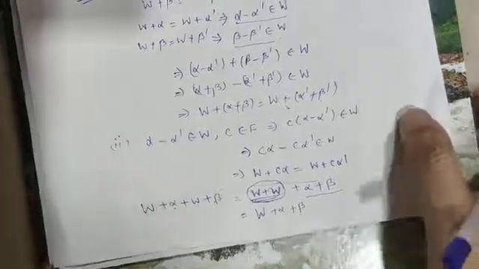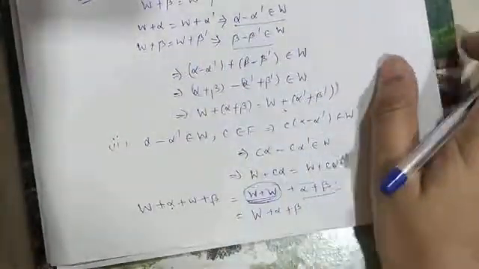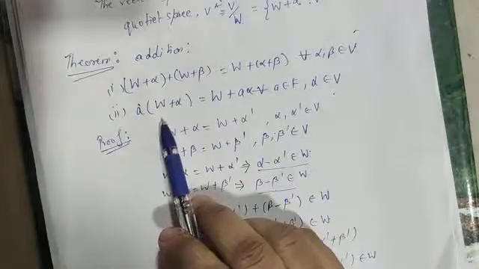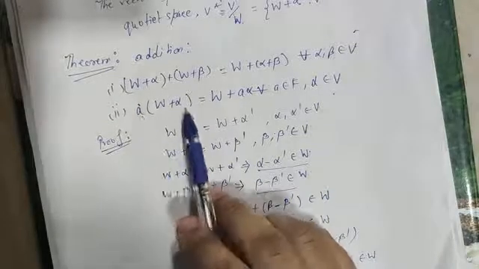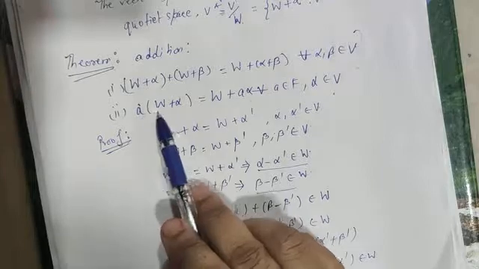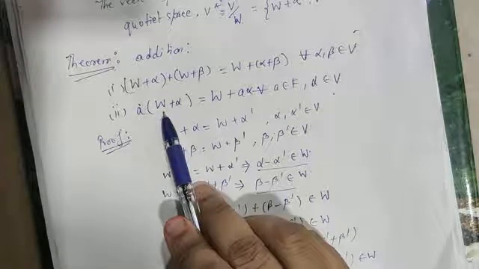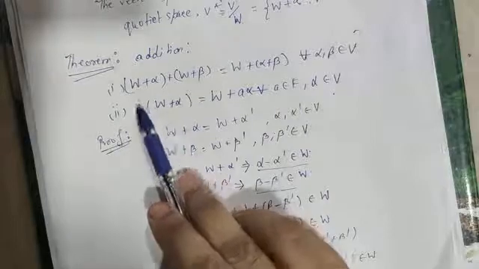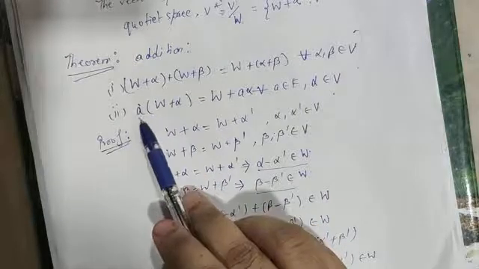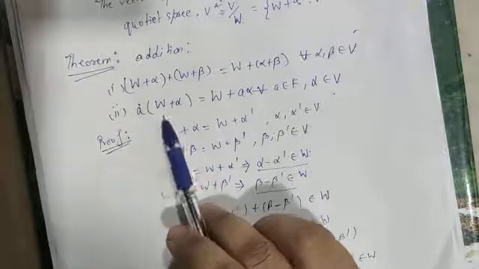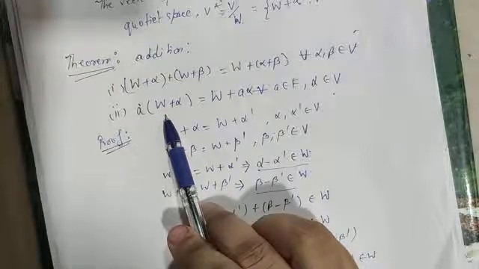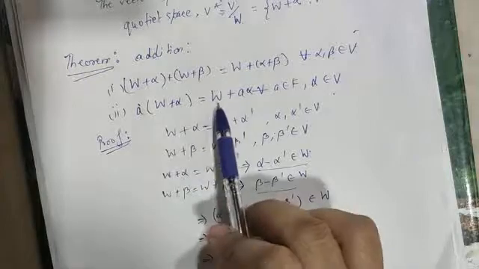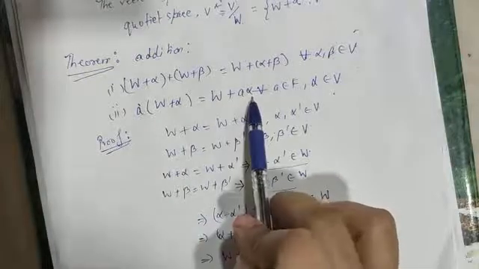In the same way, in the scalar multiplication, if we break this, then we get a W plus a alpha. a W will give again a vector of W. So we can write this as a times W plus alpha equal to W plus a alpha.